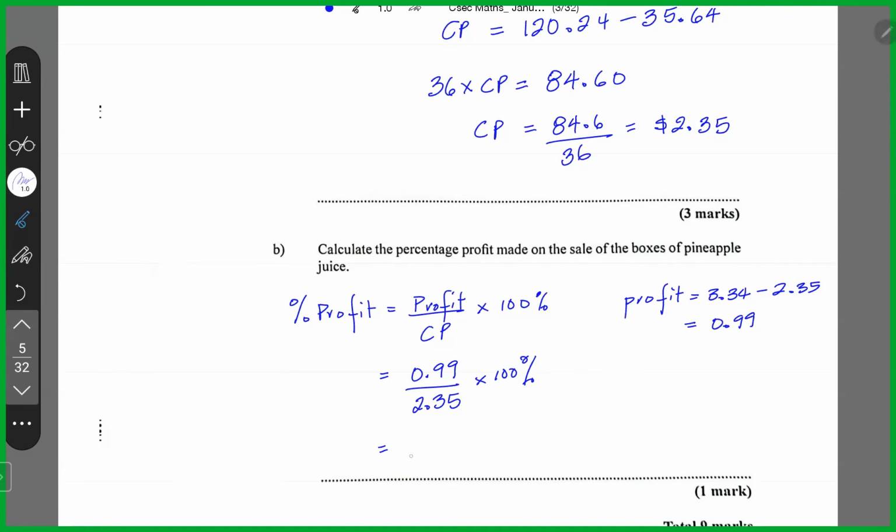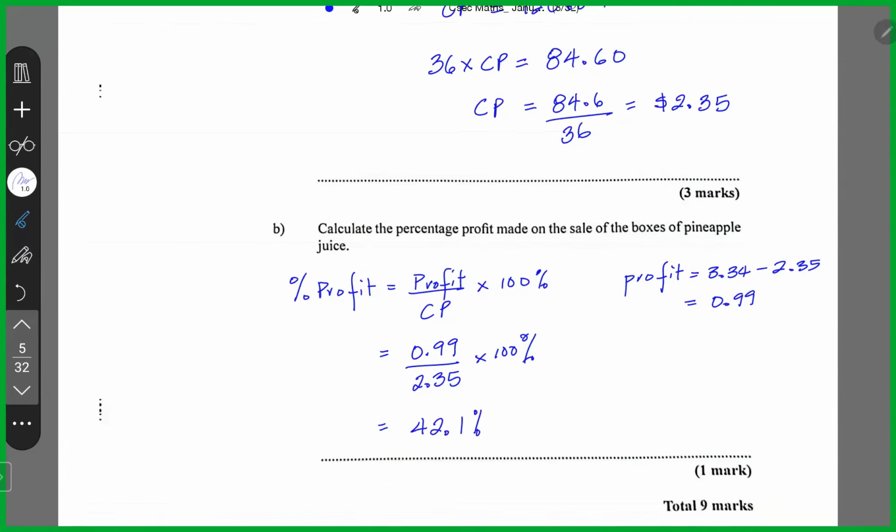This looks like the percentage profit is 42.1%. The percentage profit is 42.1%.